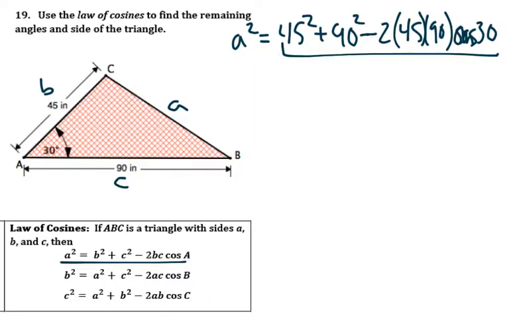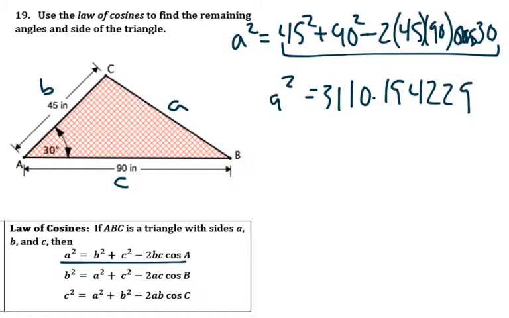Now, I'm just going to shortcut this one and do all that work in my calculator. So I type it in like that, 45 squared plus 90 squared minus 2 times 45 times 90 times the cosine of 30. That kicks out 3,110.194229.